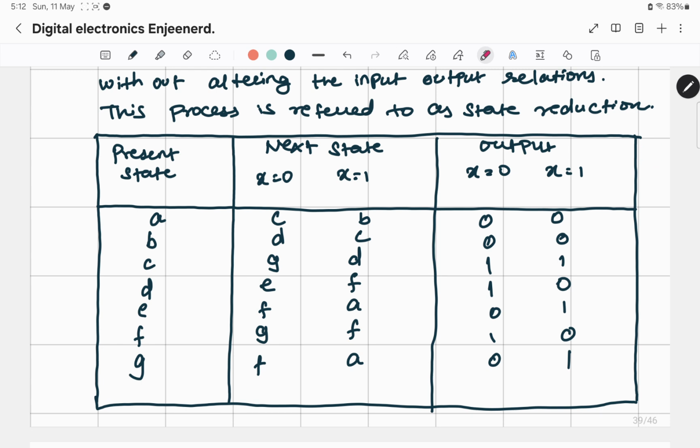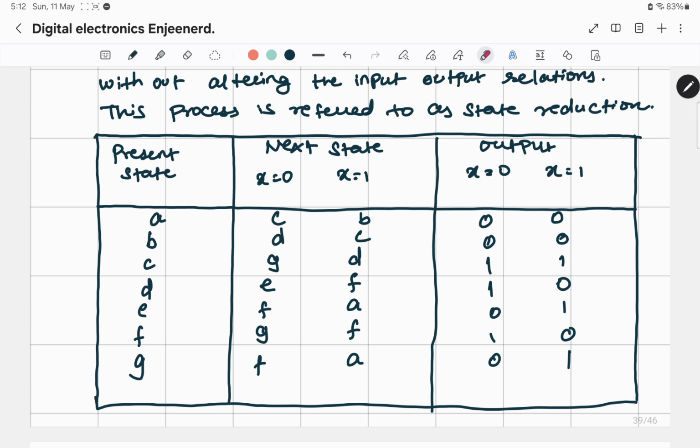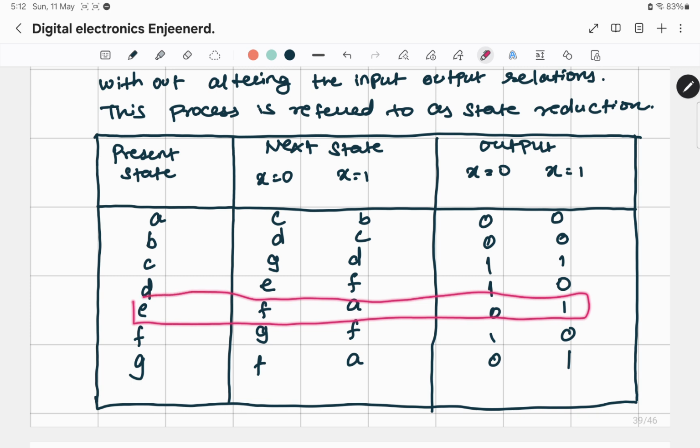Now what we have to find is which states are exactly the same. So you have to check which rows are exactly similar. Let's find out. Check this row: E and G are exactly similar.